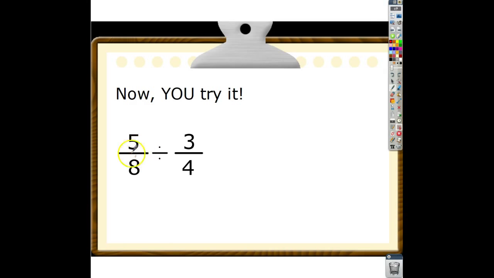Okay, first, we're going to take 5/8 and divide it by 3/4. So 5/8 divided by 3/4 is going to be the same as 5/8 multiplied by 4/3. Then I can multiply, so 5 times 4 is 20, 8 times 3 is 24.